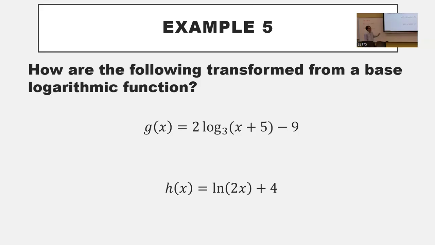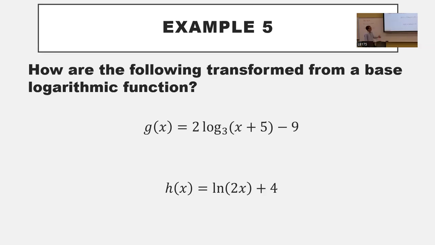So I'm just going to kind of talk through these. For g of x, we have a log of base 3. We have an x plus 5 inside the argument of the log. That means we're going to shift left 5 units. We have a minus 9 on the outside. That's going to be a downshift of 9 units.